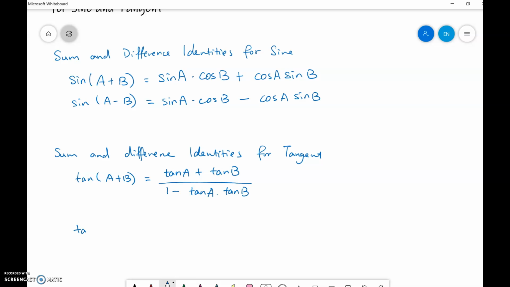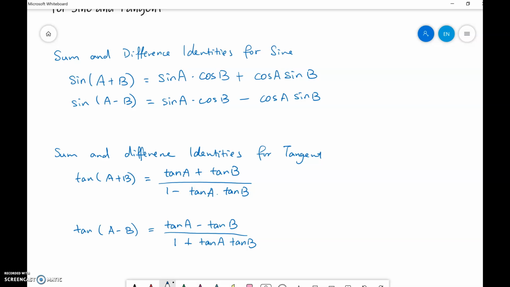And then the difference one, tangent of a minus b, is tangent of a minus tangent of b over 1 plus tangent of a times tangent of b. So those are the 4 formulas.